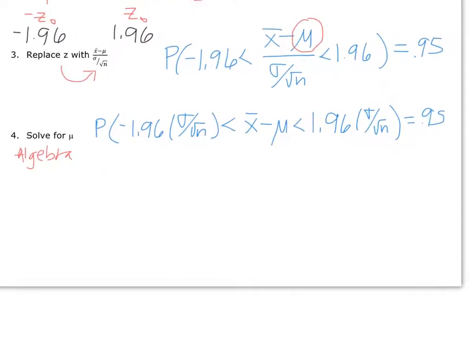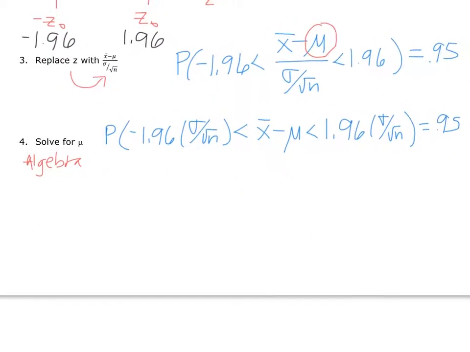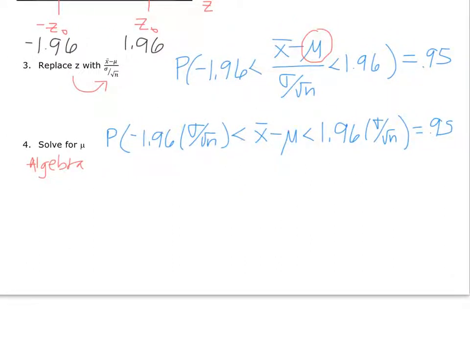All right, so a couple more steps here. We've got mu here. We want to get this by itself. So it has an x bar there, so we need to subtract x bar from all three parts. So it's the probability of, if we take negative x bar minus 1.96, and then we still have the sigma over square root n.